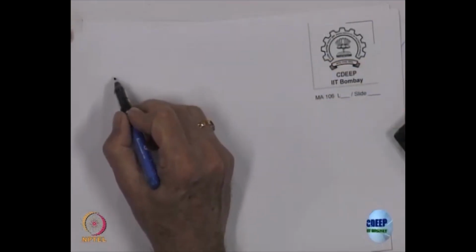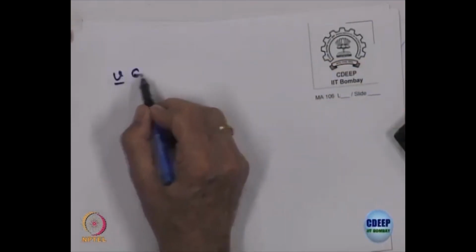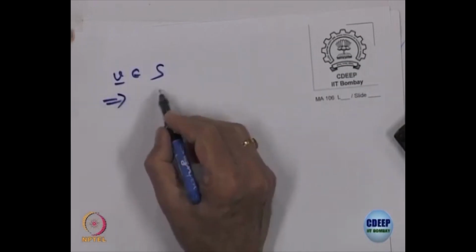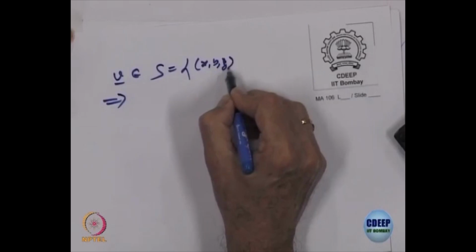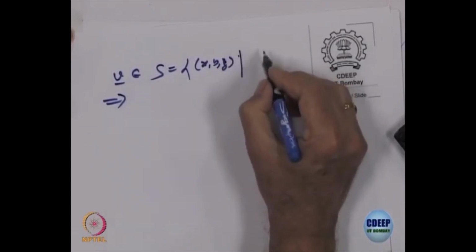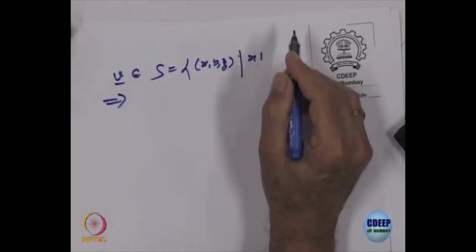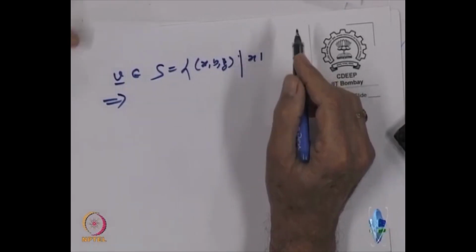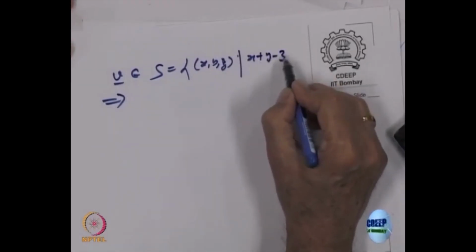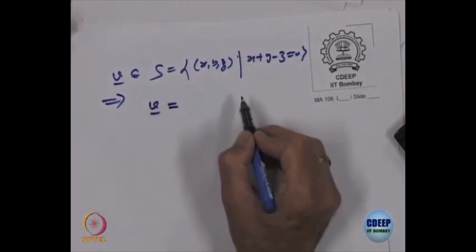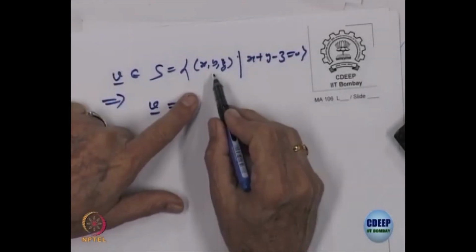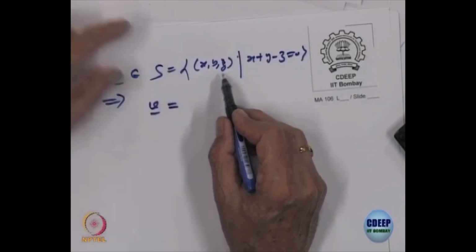If a vector v belongs to S, what was S equal to? That is the set of x, y and z such that x plus y minus z equal to 0. That means v is equal to, so what is the solution? What is x equal to?